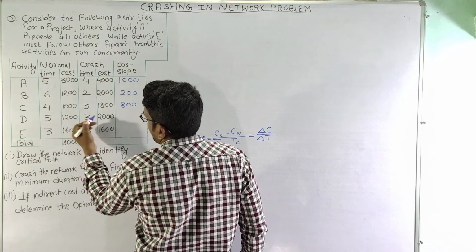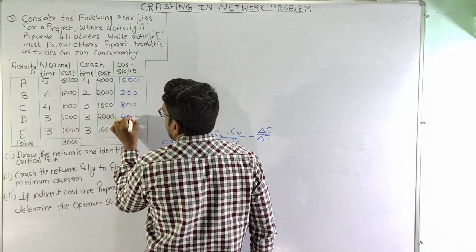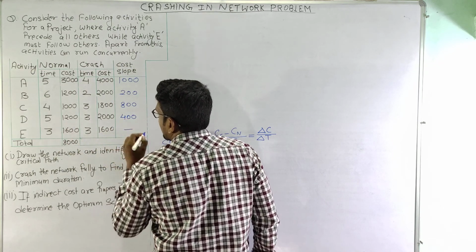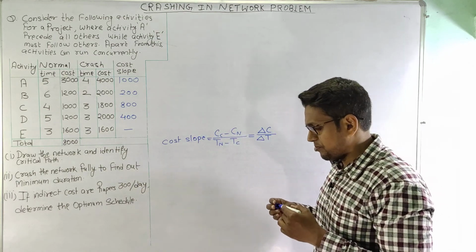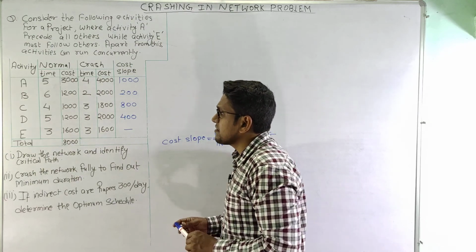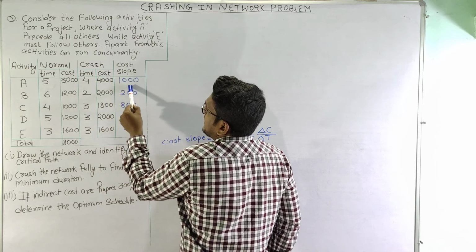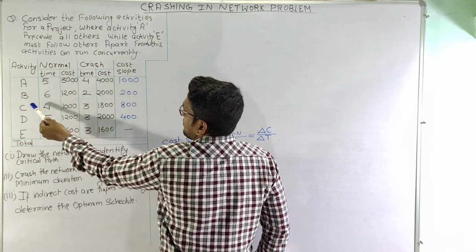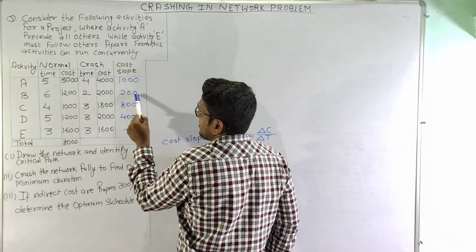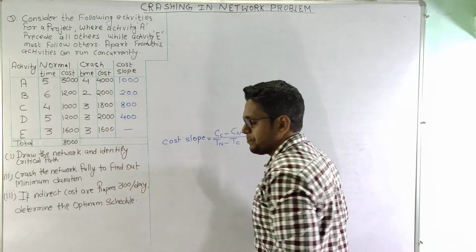This is 2000 minus 1200 is 800, 800 by 2 is 400. Similarly here 1600 minus 1600 is 0, so it will not have any cost slope. We have calculated the value of cost slope, and as we can see, if activity A is crashed, we will increase the direct cost by rupees 1000 per day. If activity B is crashed, the increase in the direct cost is rupees 200 per day, and so on.